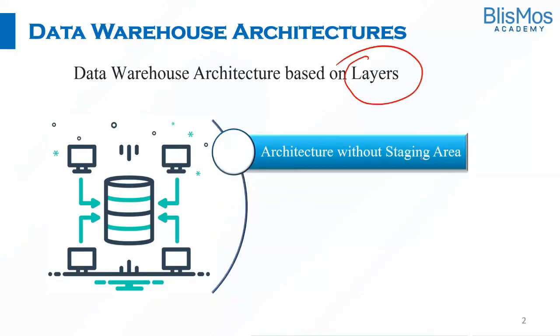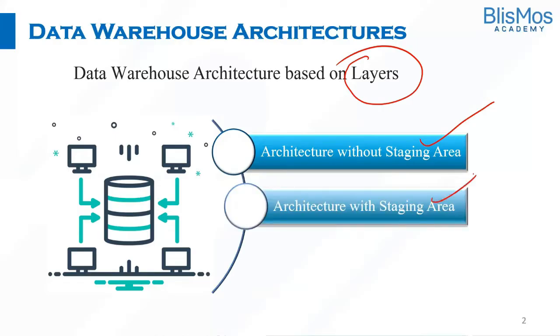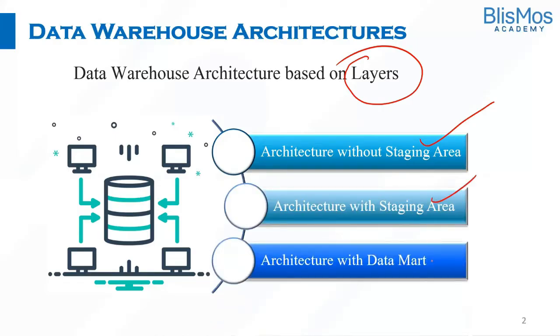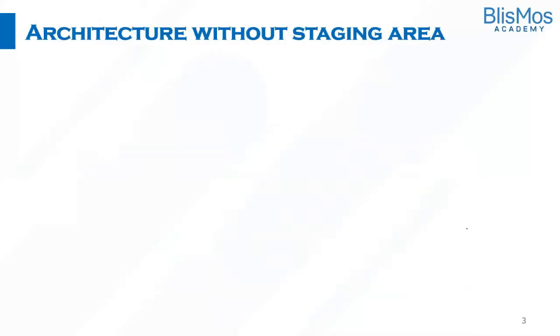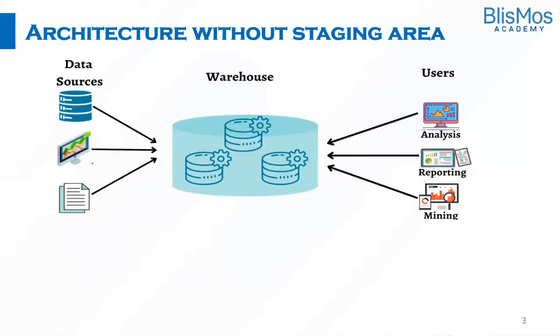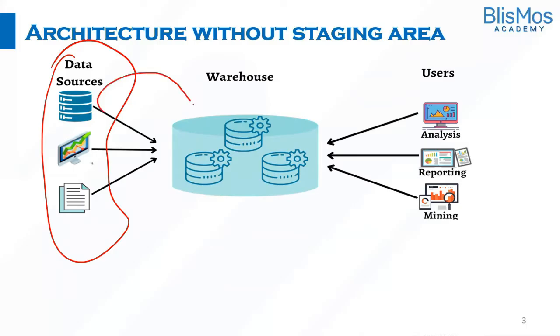One is architecture without staging area, another is architecture with staging area, and the next one is architecture with data mart. In the case of architecture without staging area, we have the data sources, and the data is moved into the warehouse directly without any intermediary storage.